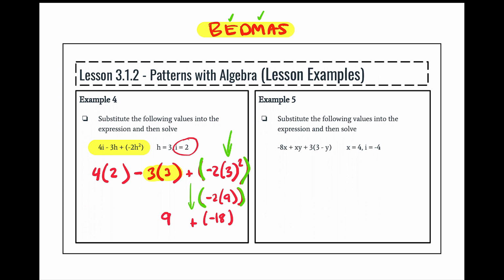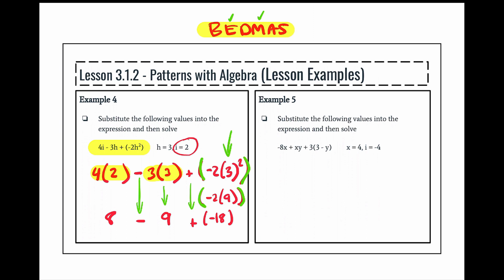So I'll bring down the 9, and then I will bring down that minus sign. And the last thing I need to deal with is this multiplication right here, which is 4 times 2, which happens to be 8.